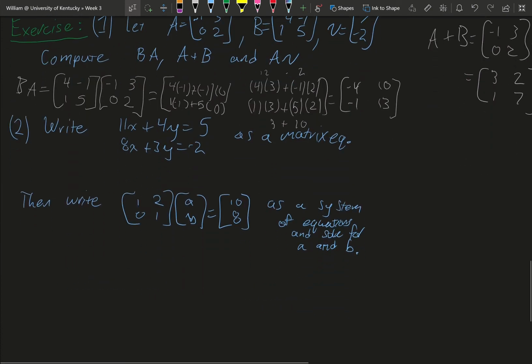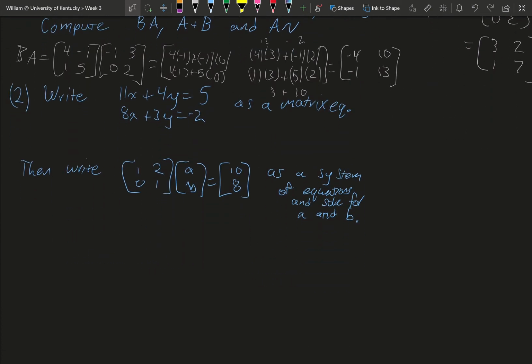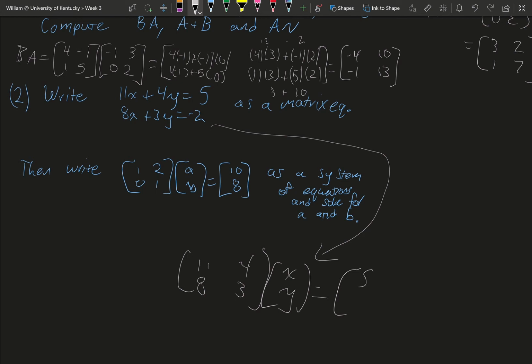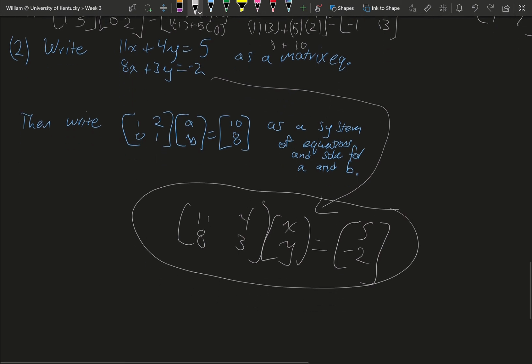Okay. So going down here, this is just going to be [11, 4; 8, 3] times [x, y] equals [5, -2]. So that would be our answer for the first one.